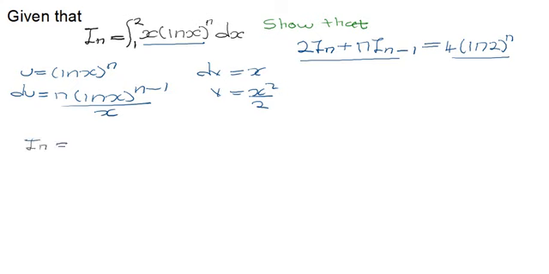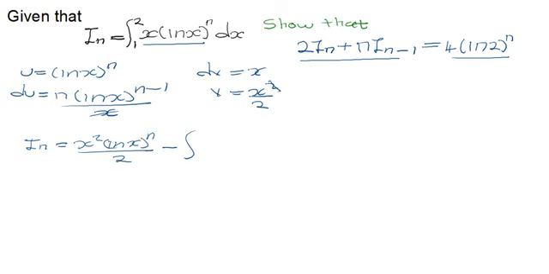our I_n will be equal to u times v. So that will be x squared multiplied by u, which is (ln x)^n, divided by 2, minus the integral of v du. I have one x on the denominator here, then 1 is going to go there.